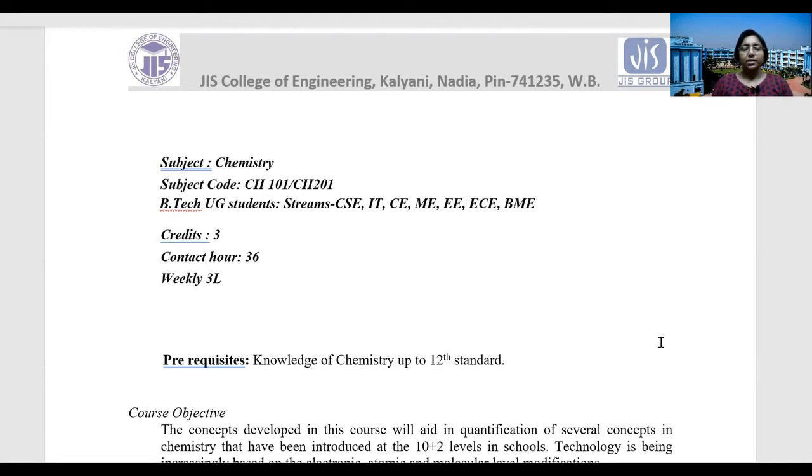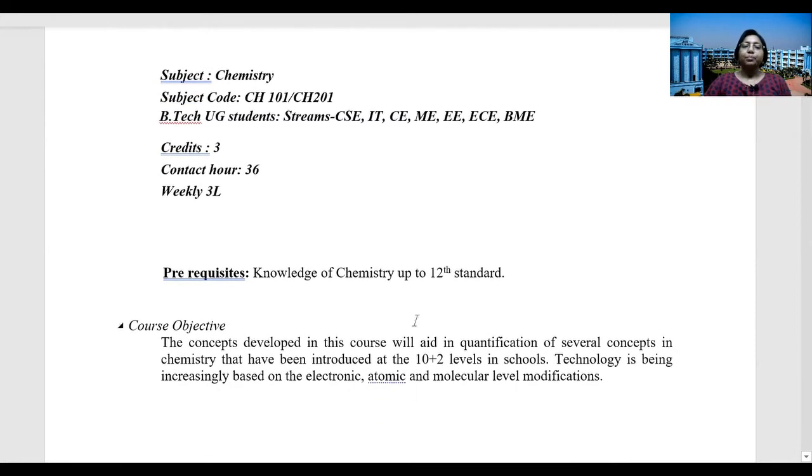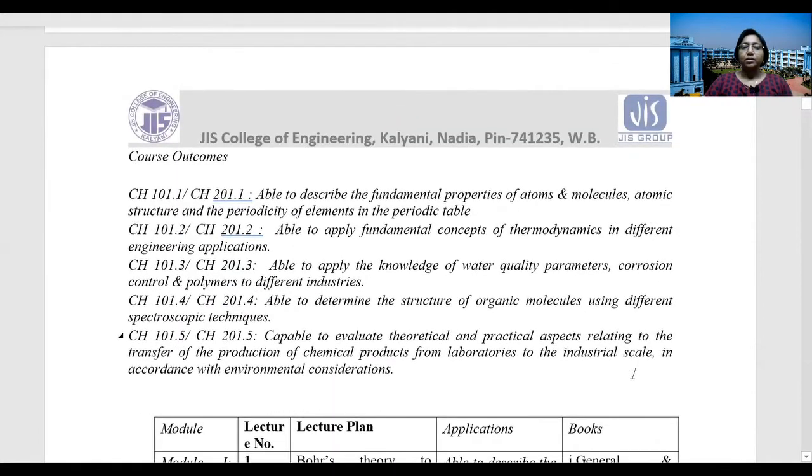Credits are 3, contact hours 35, and weekly I will take 3 lectures. The prerequisite knowledge required is 12th standard. About the course objective, you will learn several concepts of chemistry. And in the course outcome, the students will apply the fundamental concepts of thermodynamics in different engineering applications.